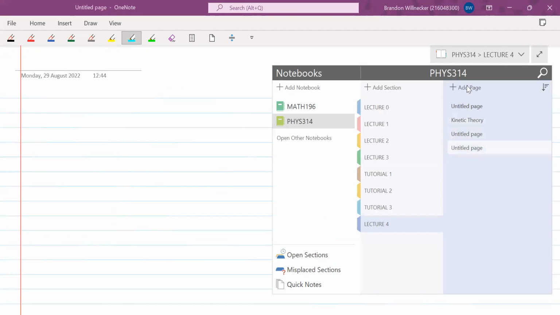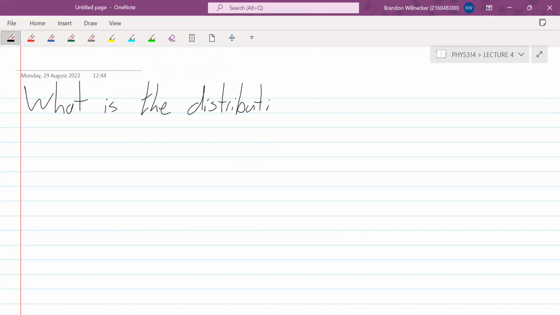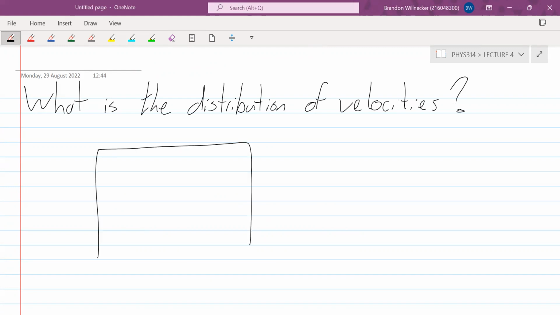Okay, so question: what is the distribution of velocities? We know there must be some kind of distribution. Given a fixed amount of energy, that energy is distributed amongst the particles.